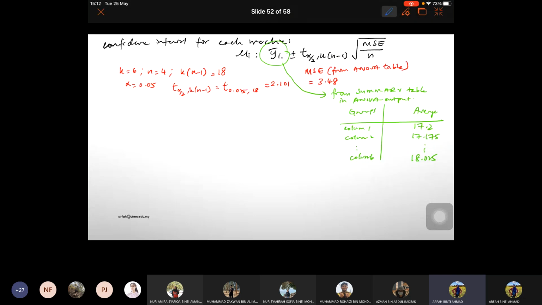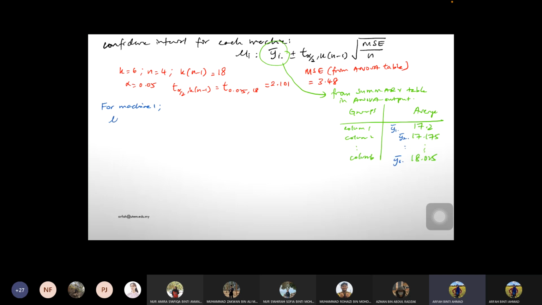So yang ini adalah y bar 1 dot, y bar 2 dot sampai y bar 6 dot. So masukkan dekat dalam formula for machine 1.